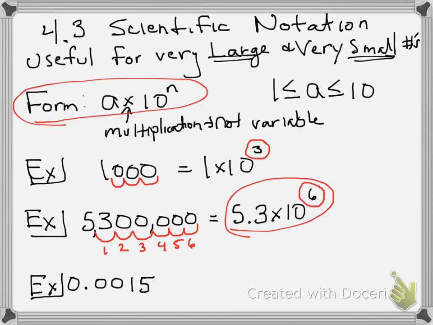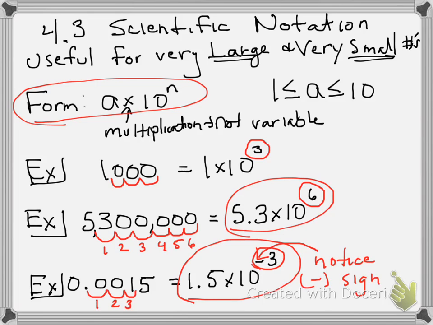And now we need to figure out how many places we need to move our decimal place. Well, we count 1, 2, 3 to get us to that 1.5. So we've got a 3 right here, but notice that there's a negative sign.